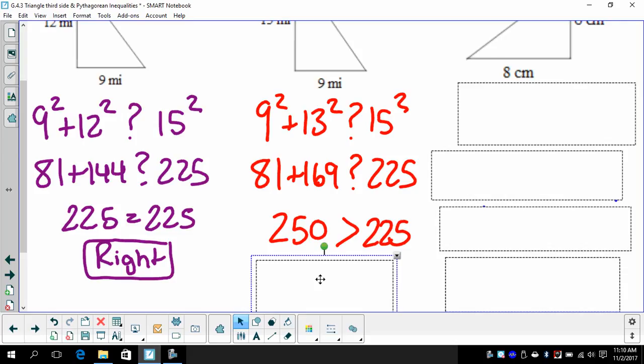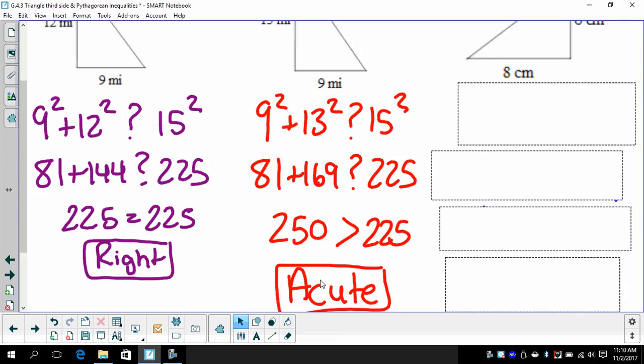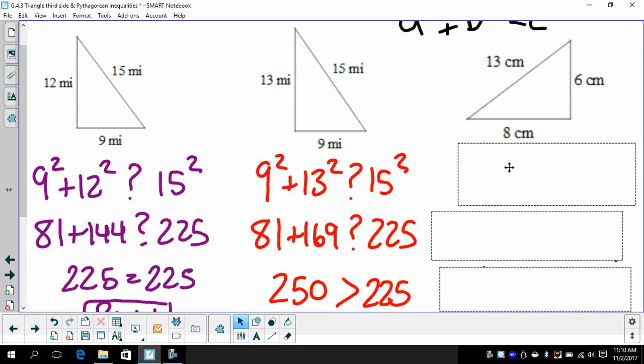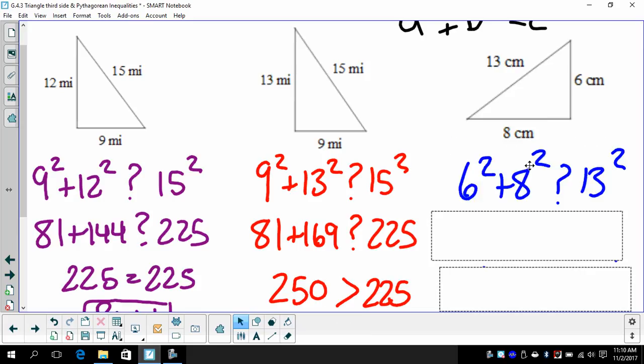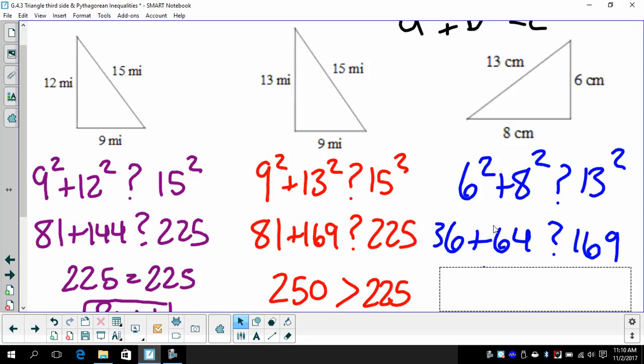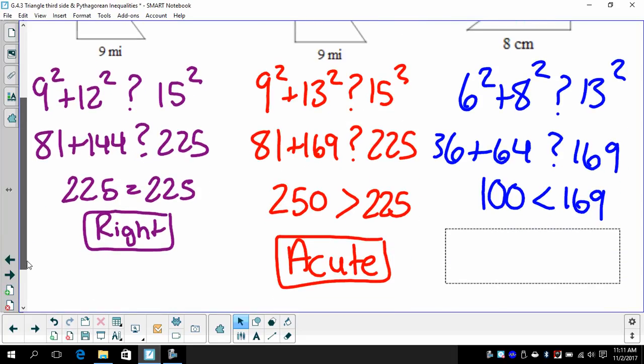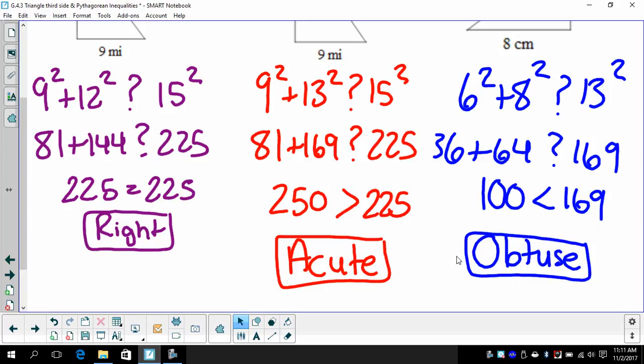So this ends up being an acute triangle. And on this last one, 6 and 8 are my smallest sides, so they're together on the left side of the equation. Square all my numbers. I get that my two smaller sides squared and added together is less than the longest side squared. So this is an obtuse triangle.